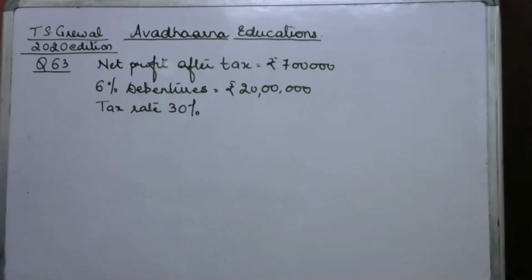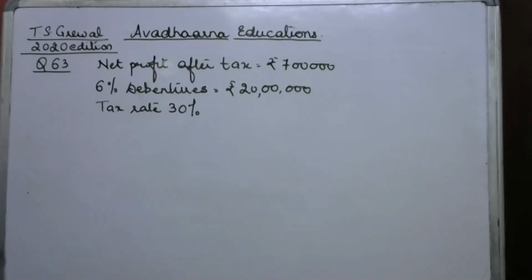Now let's take one question from the book TS Grewal 2020 edition, Analysis of Financial Statements. This question has been taken from chapter number 4, that is accounting ratios. It is question number 63.